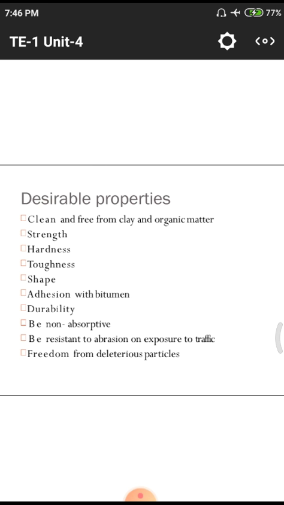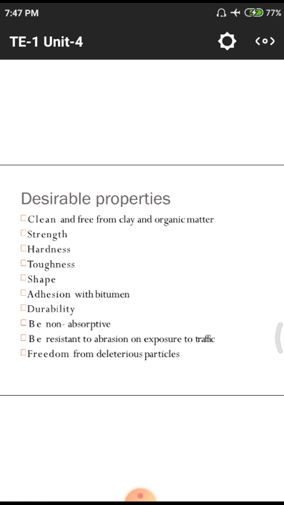Next one is the hardness. Why are we mentioning hardness? The vehicles are moving on the road with proper friction in the tires. That means the tire has to move on the pavement applying some amount of friction on the surface. If there is no hardness in the aggregate, automatically the total surface is very smooth.